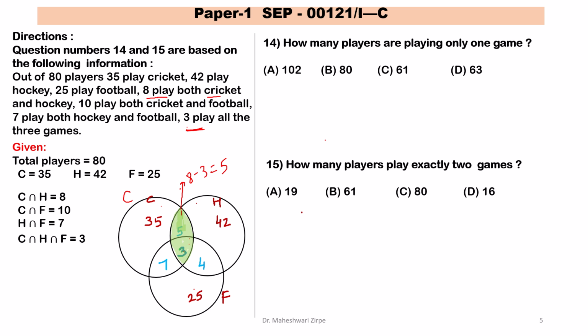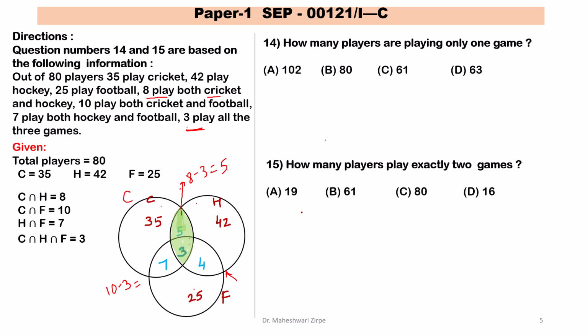Similarly we can find for cricket and football. How many are there? 10. If 3 is common, then 10 minus 3 is 7. So 7 are playing only cricket and football. Let me highlight this with the orange color.